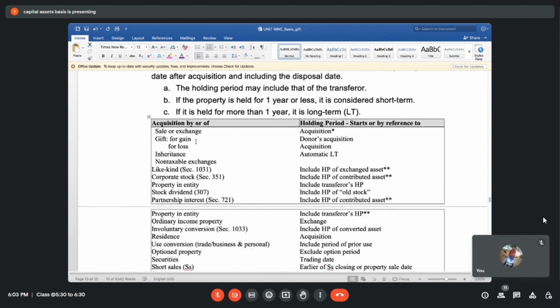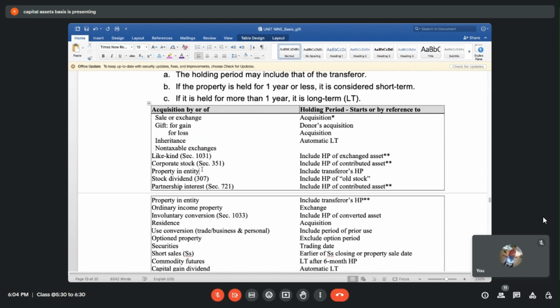We'll just go with some examples. If it's a sale or exchange, obviously we go with the acquisition. If it's a gift, we usually go with the donor's acquisition, meaning when the donor took that property. Inheritance is automatically long term. Any like kind exchange, Section 1031, we'll read about it later, meaning one property has been sold and a similar kind of property has been bought, or exchanged.